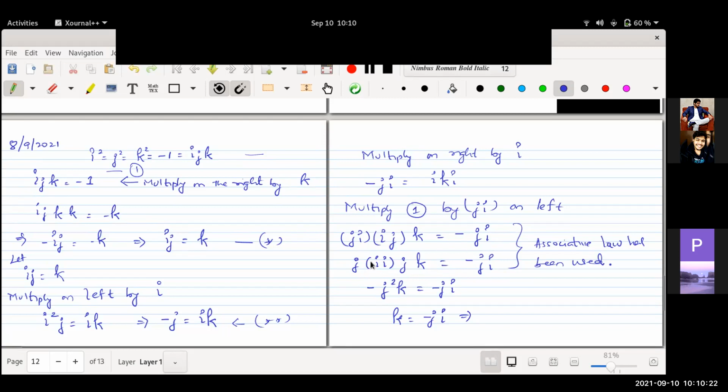And then we are also using, as one of you already indicated, that multiplication by a scalar is commutative. This is -1 on the right hand side. So if you multiply it on the left by ji, it should actually be ji into -1, but we have taken it as minus ji. That means when a scalar quantity is multiplying the ijk vectors, it commutes. That property we are already using.